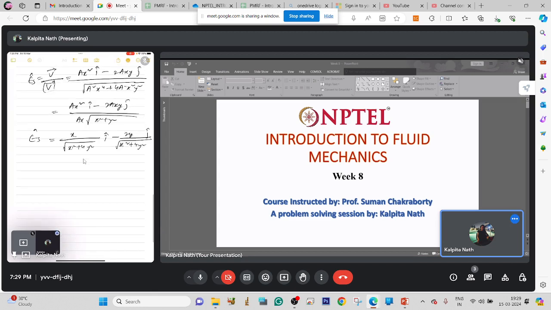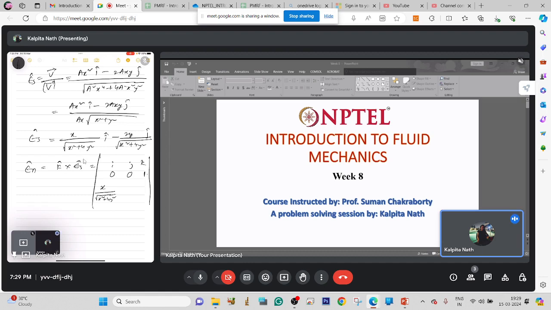So we need to find epsilon n cap now. So epsilon n cap is equal to k cap cross epsilon s cap. So that will give us I, j, k, 0, 0, 1. K means only in z direction, right? And epsilon s we have already found out, root over x square plus 4y square.